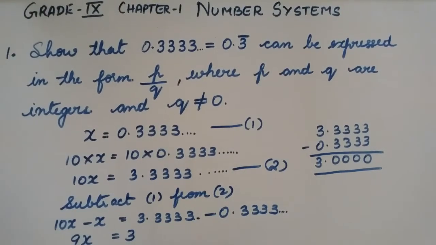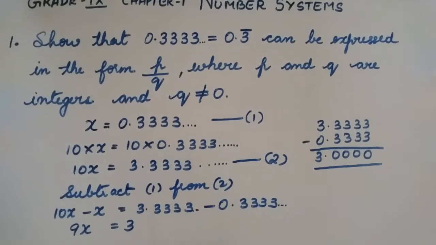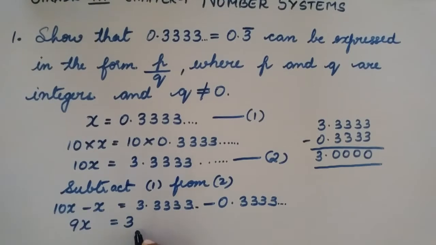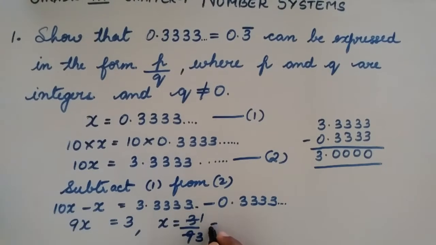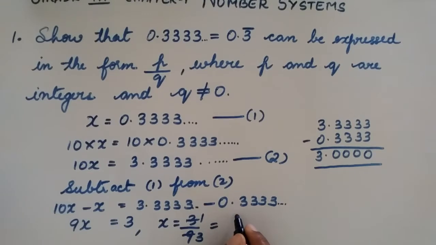And after this, let us find out what x is now. How to find out what x is? So here x is equal to 3 by 9. 3 ones are 3, 3 threes are 9. So x is equal to 1 by 3.